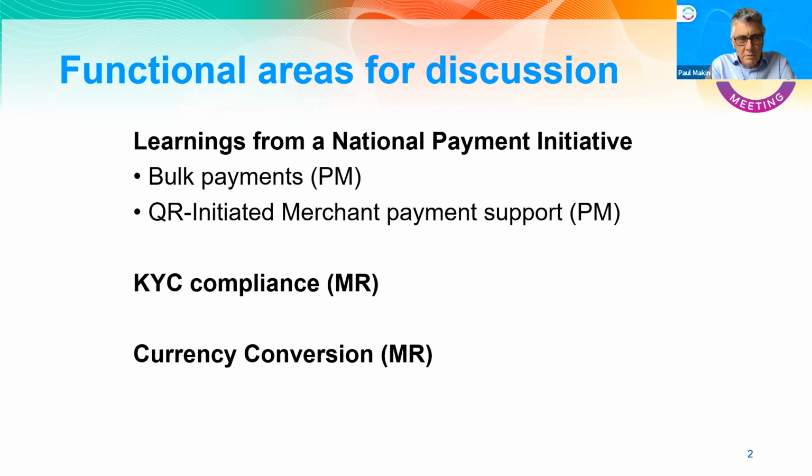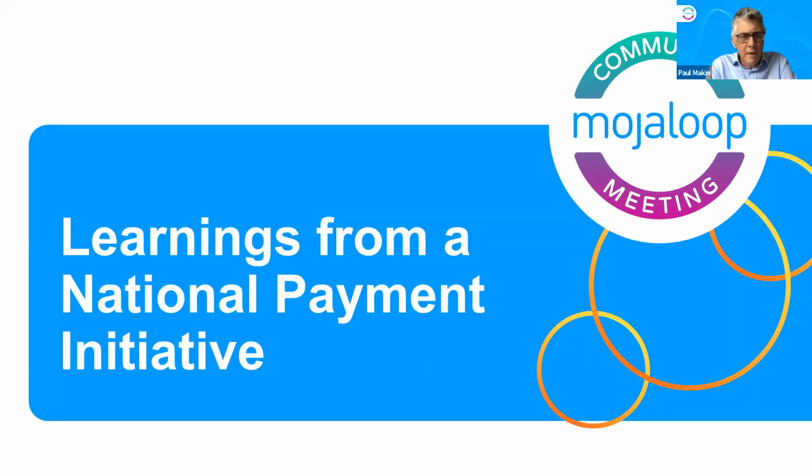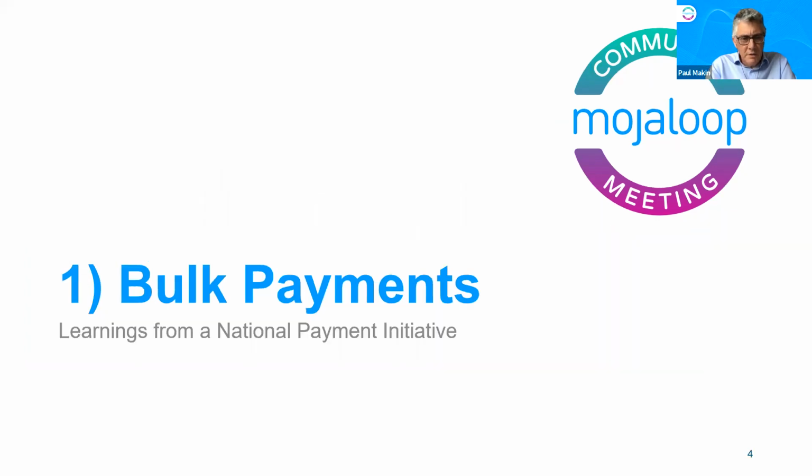I've been focusing on a couple of the use cases which are absolute priorities in this initiative, which are bulk payments and merchant payments using QR codes, and trying to establish a path through getting to an early launch of those services on the Mojaloop platform. Then Michael's going to talk about KYC compliance and currency conversion. So for the first half of this presentation, you'll have to put up with me before we return to Michael's dulcet tones. So let's look at this national payment initiative and bulk payments.